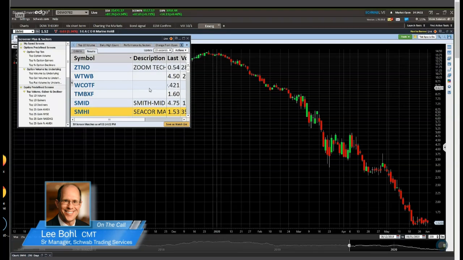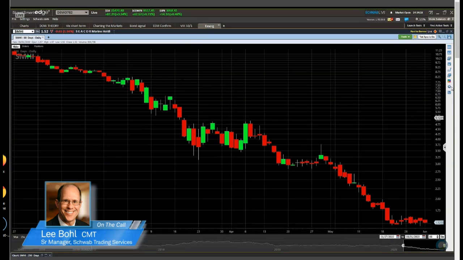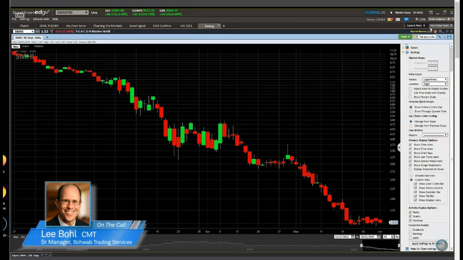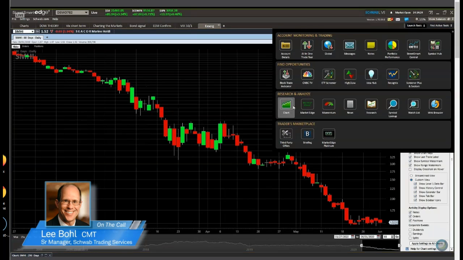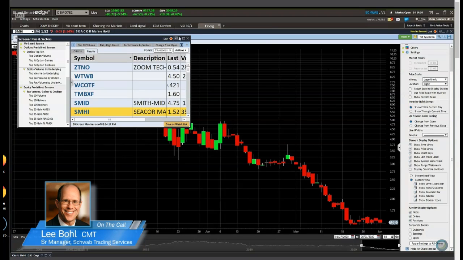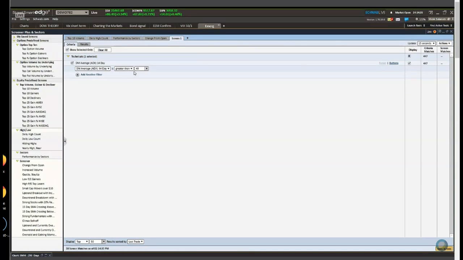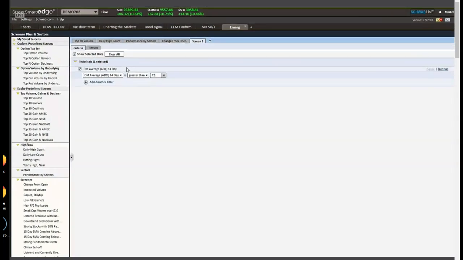Let's say you're looking for stocks that are relatively range bound. Well, if it's range bound, would you think the ADX would be high or low? It'd be low, right? So what we could do is go back to our screener, and go back to the criteria and just say we want stocks with an ADX, let's say below 12.